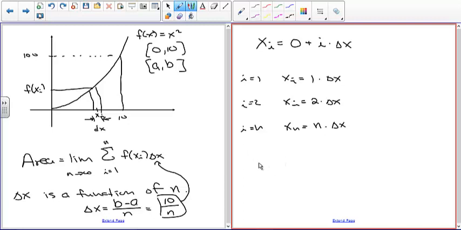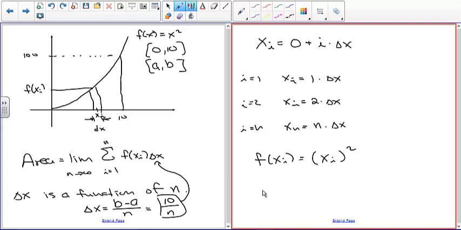So if we did f of x sub i, that's the value of the function, that's the height of the rectangle, it's going to be equal to x sub i squared. It's going to be whatever this incremented x value is, that value squared, because that's what the value of the function is.